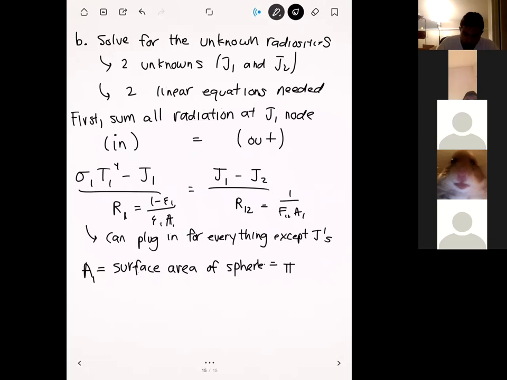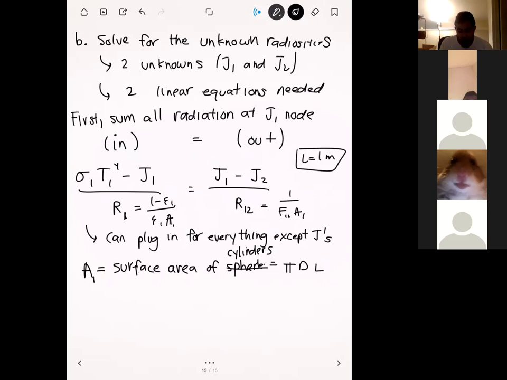So not spheres here; these are cylinders, just to be consistent with the note. I apologize for that. The length of the cylinder into the page we'll consider to be 1 meter.